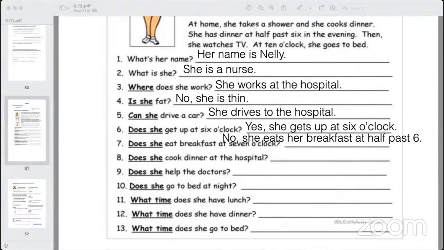No. Where does she cook dinner? Is that where she makes her dinner? If you look here, at home, she takes a shower and she cooks dinner. So where does she cook dinner?